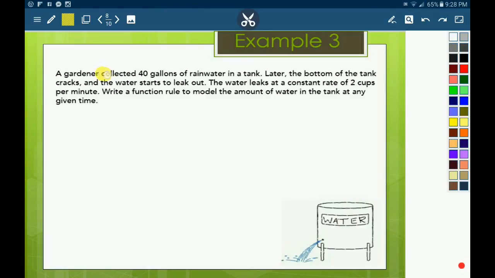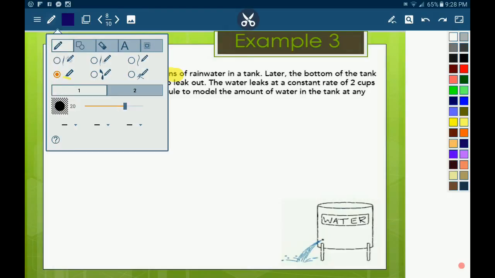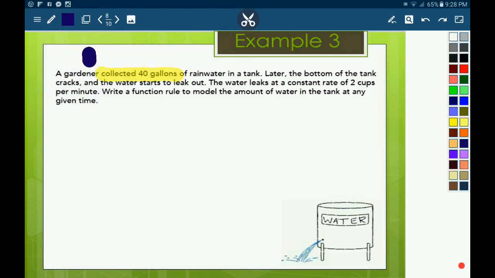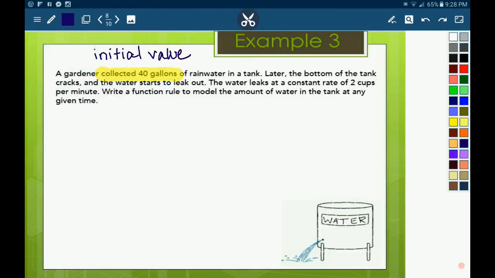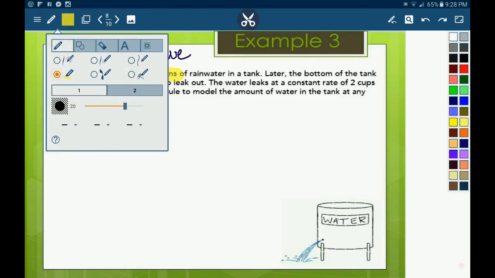So it says he collected 40 gallons of rainwater. That's what he started with. So if I can read about what something starts at, I should be able to identify that as the initial value. Okay, so I'm just going to make a note that this is the initial value, or the y-intercept. And then I should also be able to identify the slope from the context of the words.